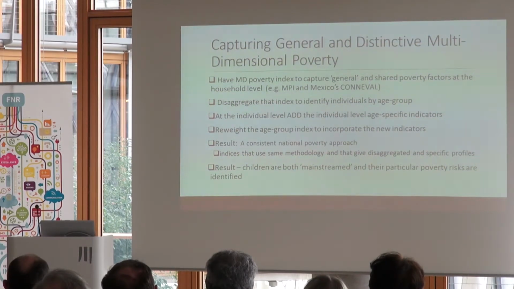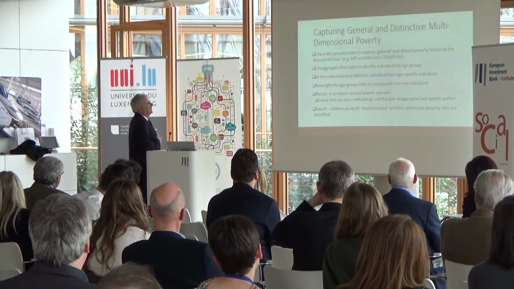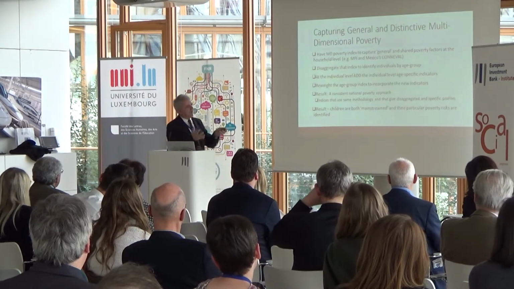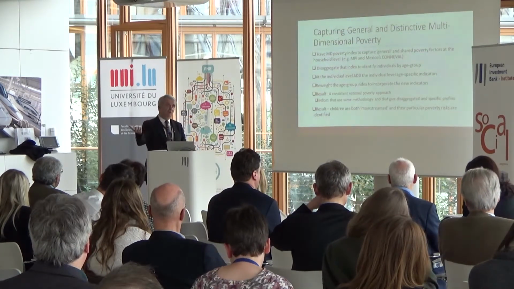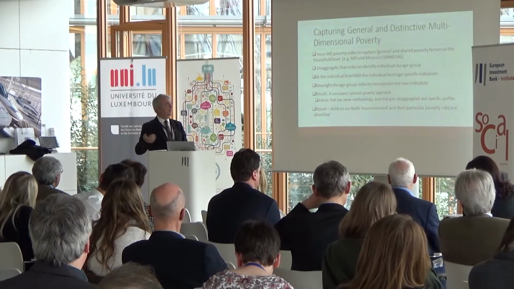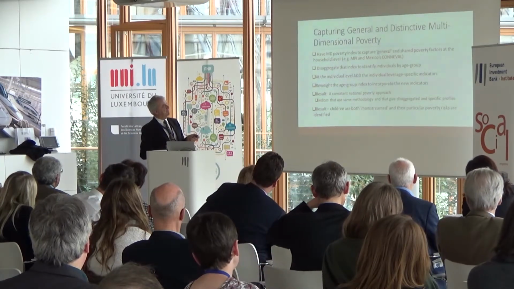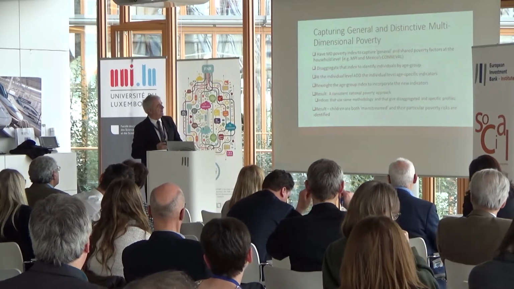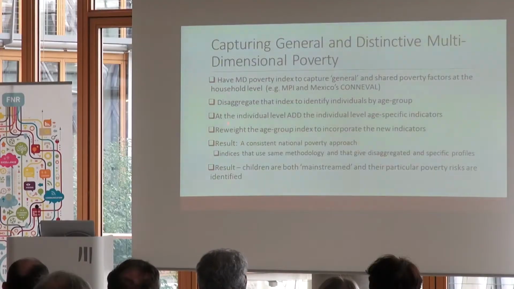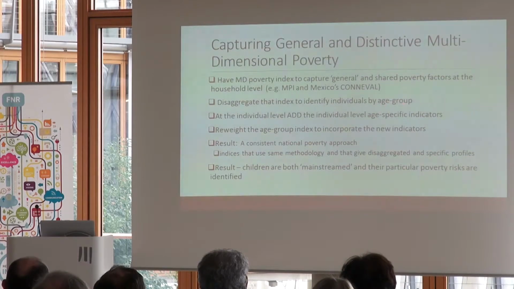What we're suggesting in the SDGs is we create national indices that can also be looked at for children and other ages. So the one thing I'm going to suggest is that when we look at our poverty index, we capture those general characteristics for the whole population. And that's what some measures do when they're general population, both the MPI and Mexico's. We then can look at who's poor by age group.